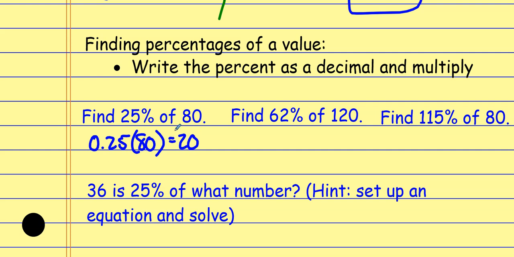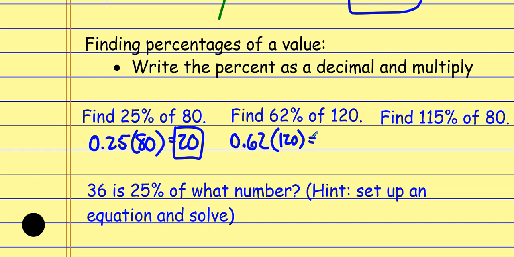But that is the easiest way to find the percentage of something. I just multiply it by the decimal version of that thing. Okay? Same thing here. 62% is 62 over 100, which is 0.62. So 62%, so 0.62, I multiply that by 120.